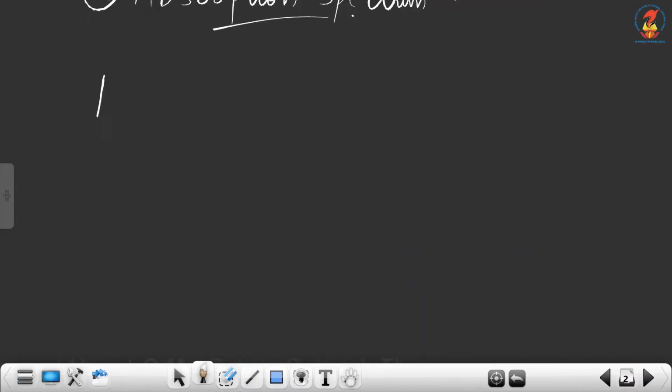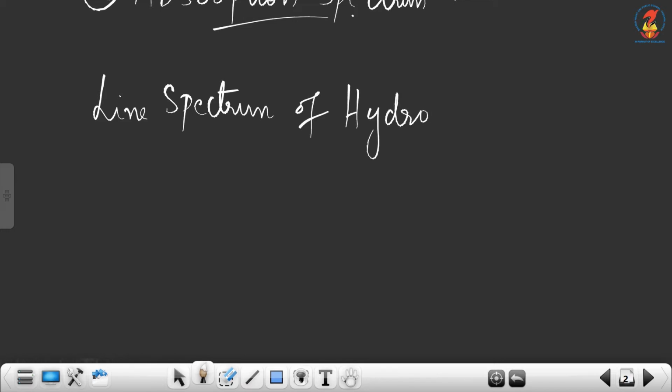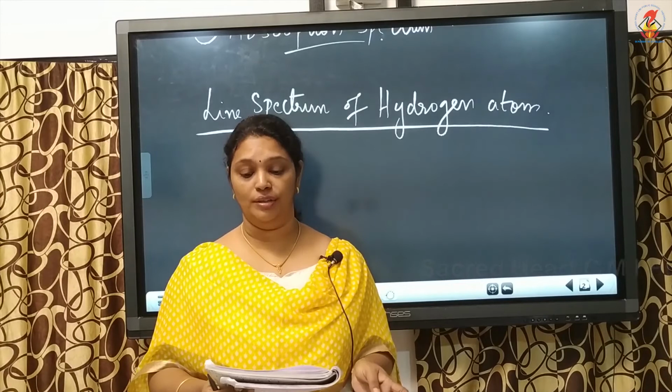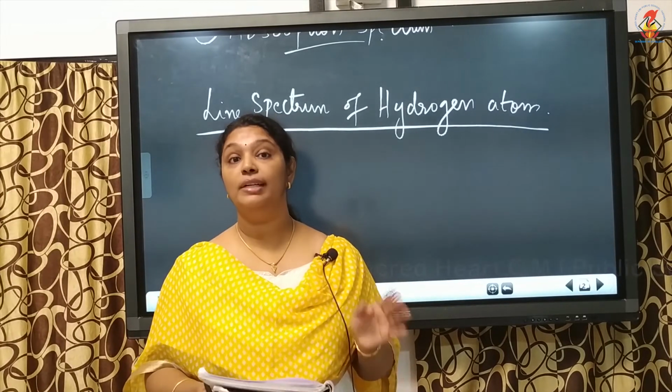Next is line spectrum of hydrogen atom. Now, when electric discharge is passed through hydrogen gas at very low pressure, hydrogen molecule dissociates.